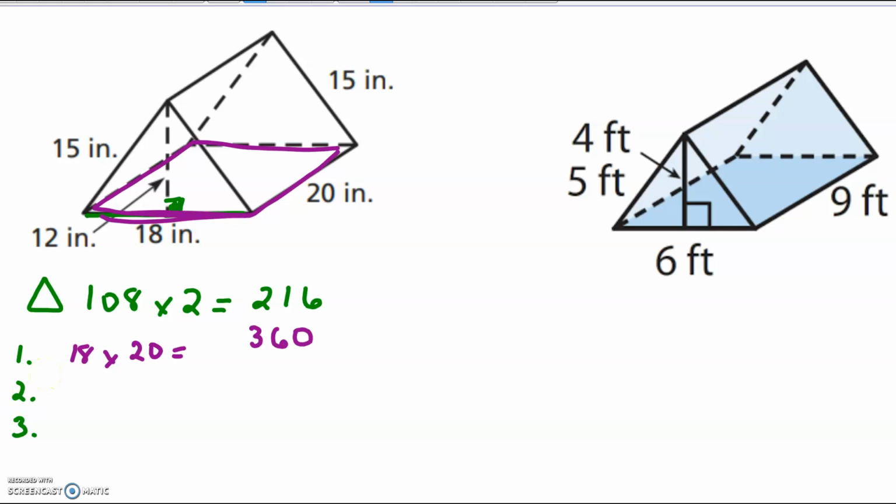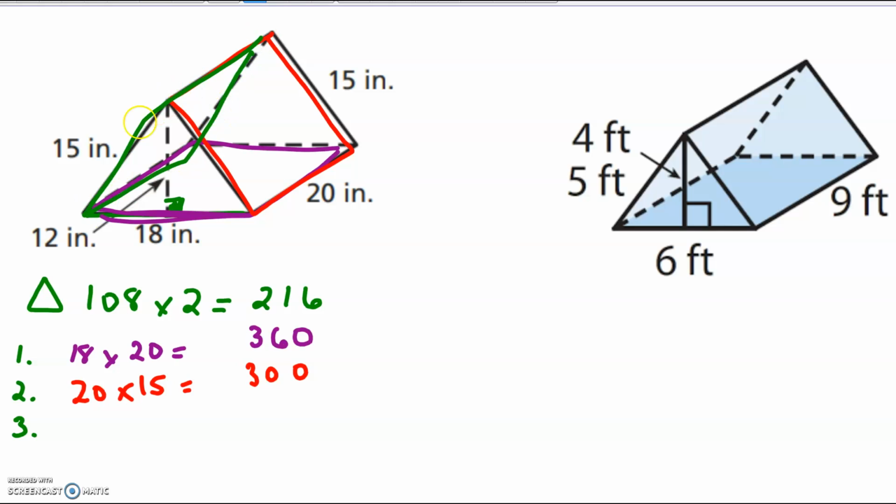Next rectangle. Over here, we've got 20 and 15. That was easy. And you remember 2 times 15 is 30. 20 times 15 would be 300. Add an extra 0. Last one, we'll do green for the Green Bay Packers.